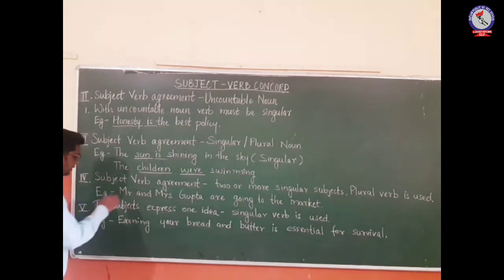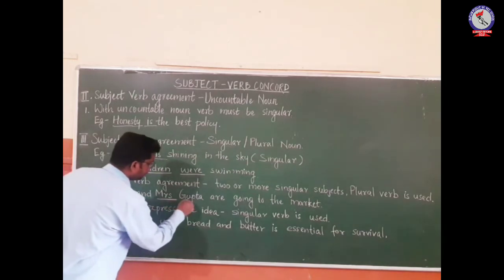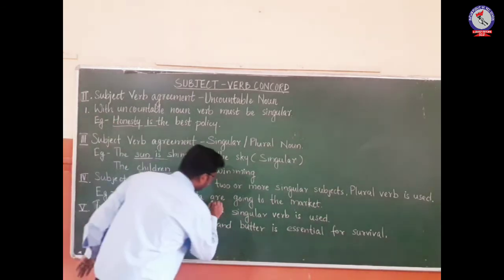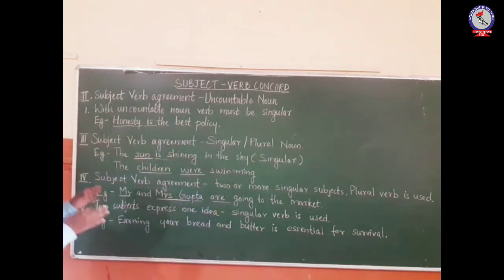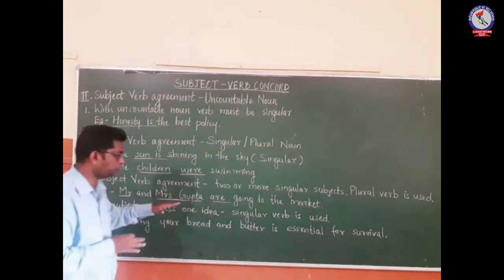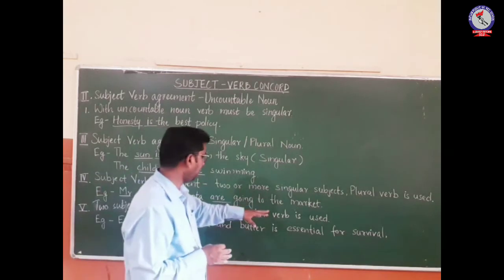So which are they? Mr. and Mrs. Gupta. They are singular subjects here in this sentence. So we have used a plural verb. This is the rule. With two or more singular subjects, we can make use of a plural verb. So Mr. and Mrs. Gupta are going to the market.